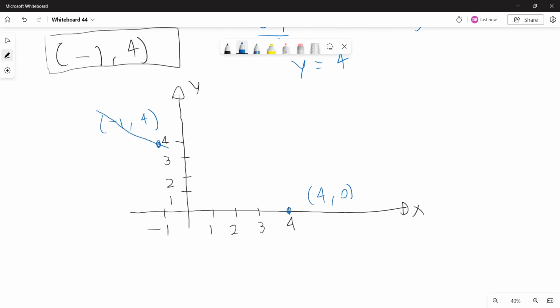And if we draw the graph, the y-intercept, which is hard to visualize because it involves a fraction, is 0, 16/5.